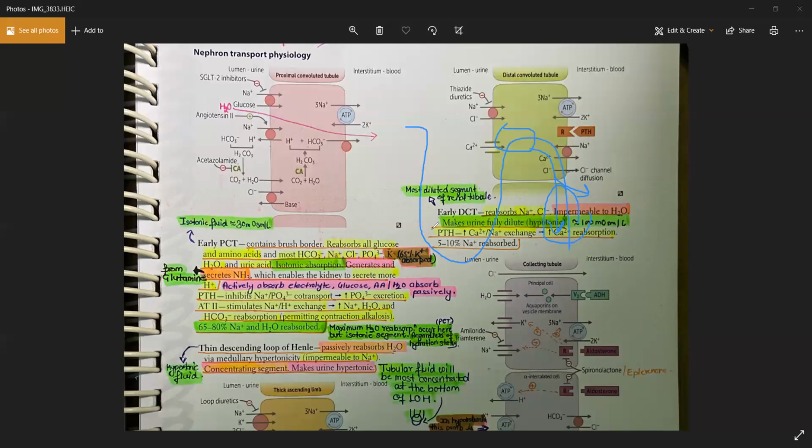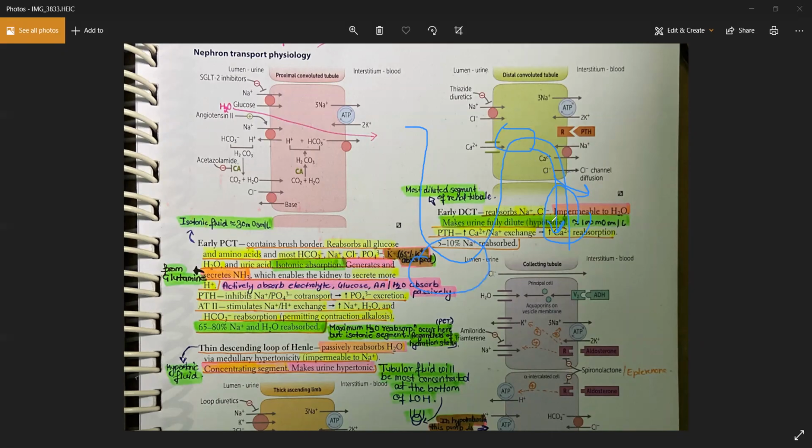Should I repeat it again? See, it doesn't matter if I'm having a dehydration or a hypovolemic state, the lowest portion of the loop of Henle is always maximally concentrated. In a scenario where I have a dehydration, I have the activation of ADH that will make the urine more concentrated as it passes through the collecting duct.